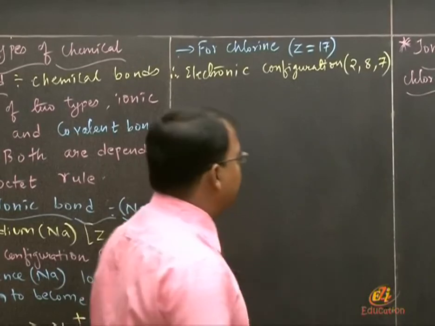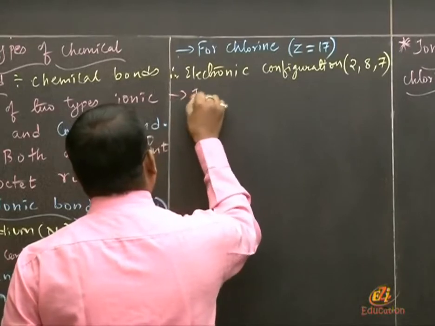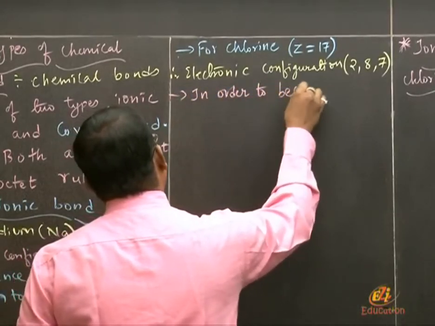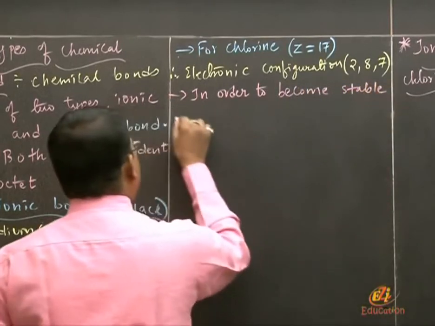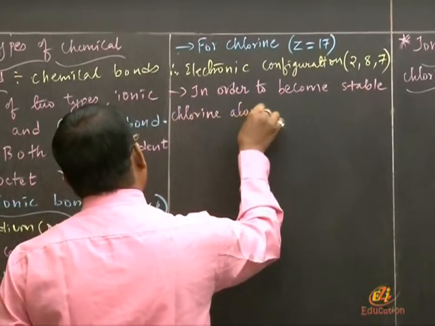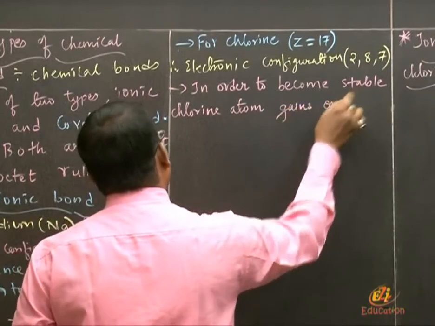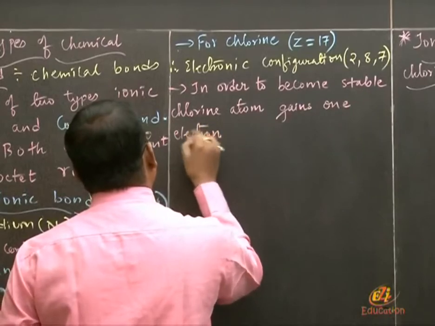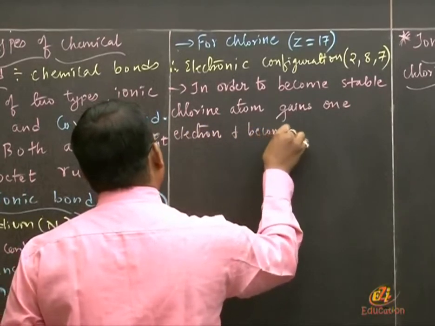So let us perform it. Let us write the step. Hence, in order to become stable, chlorine atom gains 1 electron and becomes a negative ion.